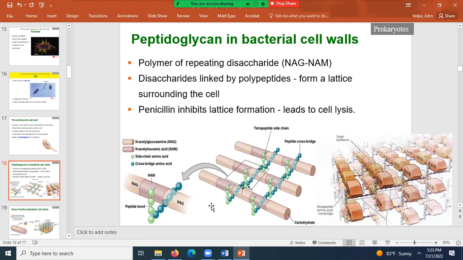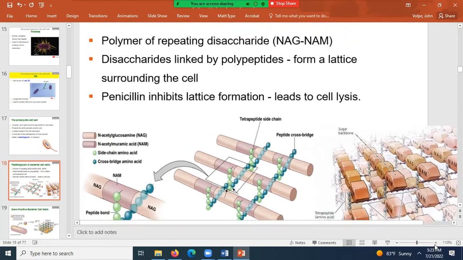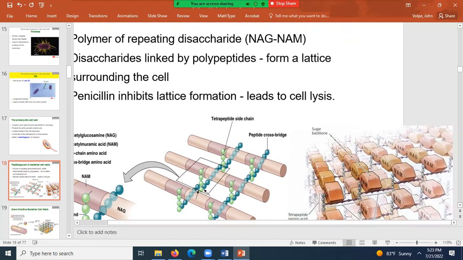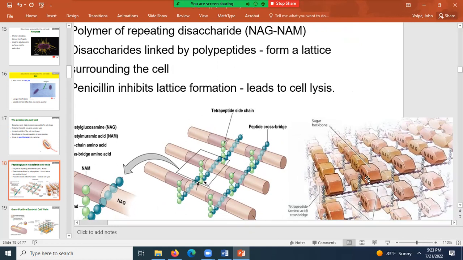But here we can see that peptidoglycan is repeating units of two monosaccharides, NAM, NAG, NAM, NAG, NAM, NAG, meaning they just repeat one after the other.